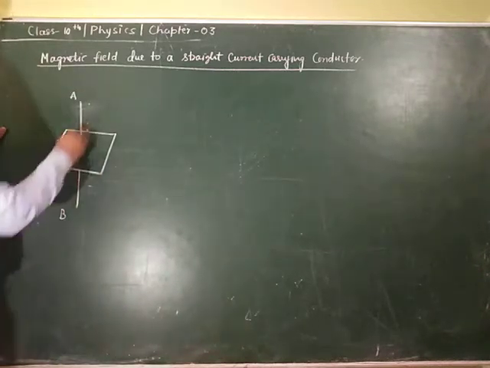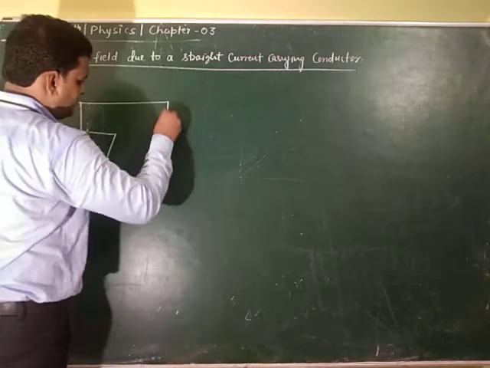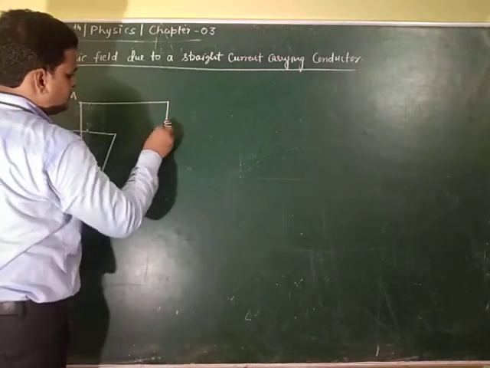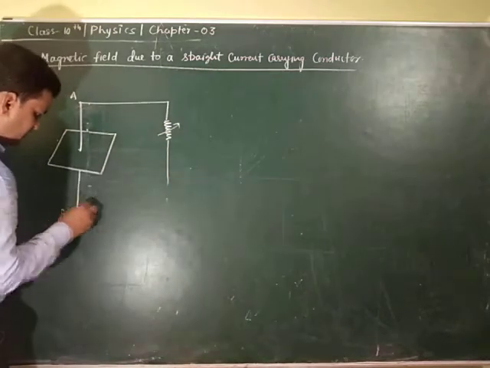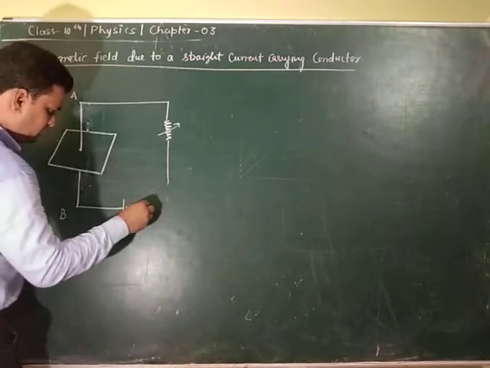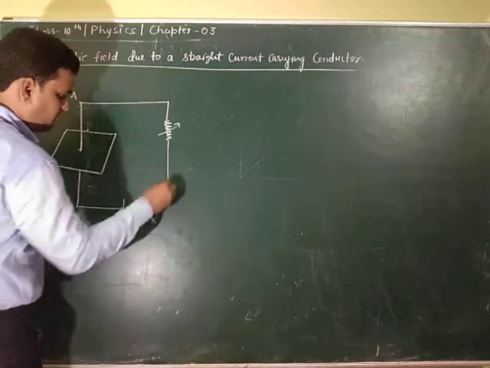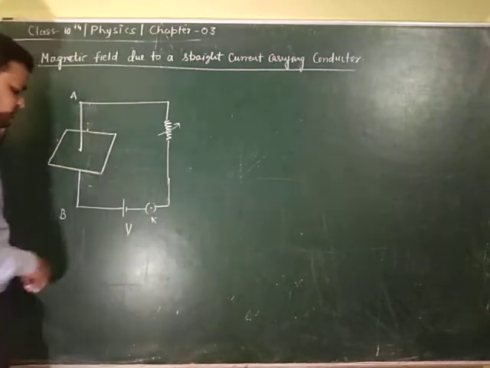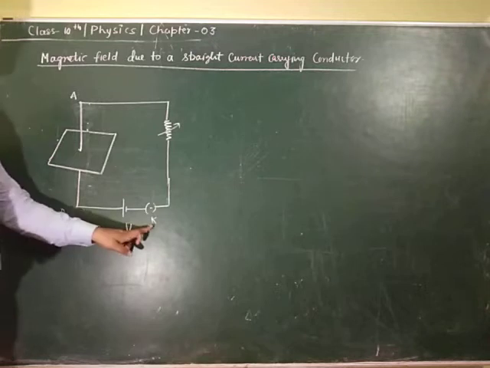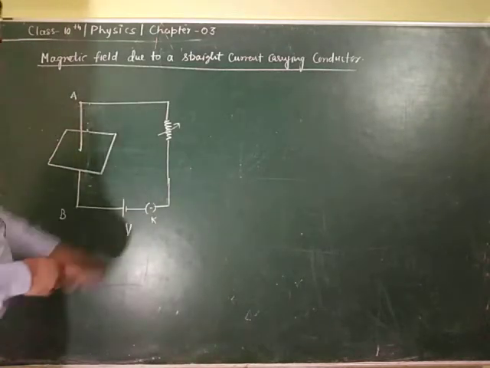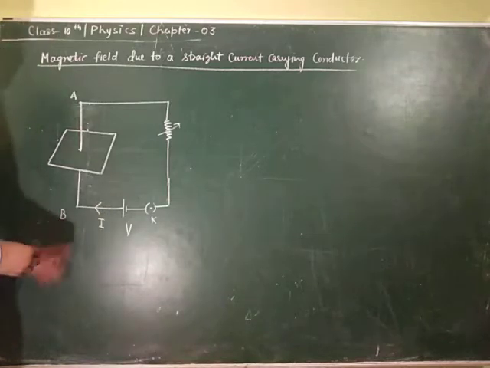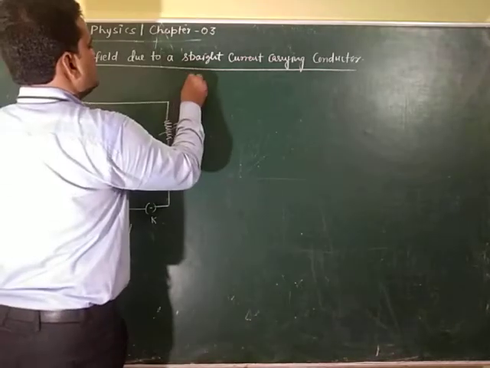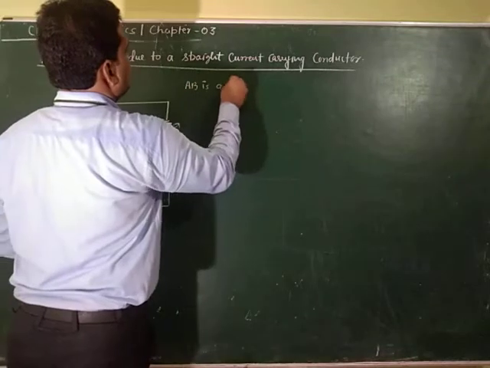There is a rheostat to control the amount of current, and there is a battery. There is a key. When this key K is pressed, then current begins to flow from A to B. So what is AB? AB is a straight conductor.